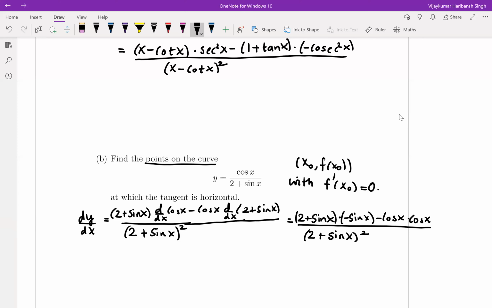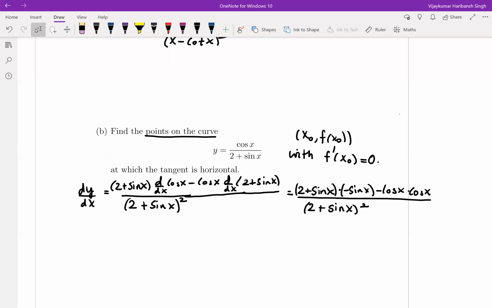Now, since we want to find out where dy by dx is 0, it's meaningful to simplify this. So this becomes minus 2 sine x, and I get minus sine square x minus cos square x.